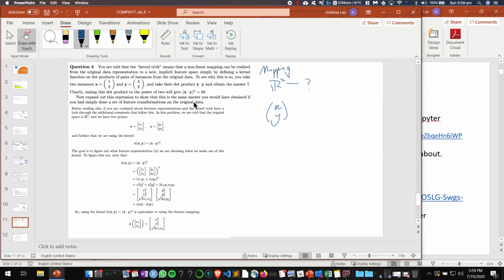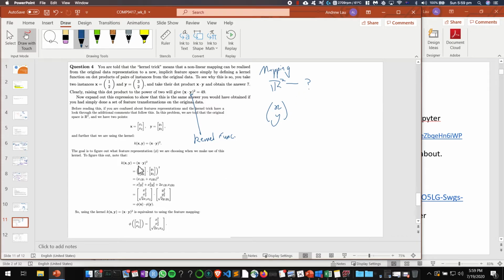So we're told this is the kernel function, and it's equal to 49 here, but that's not really the most important thing in the world. They're just plugging in values. I think the more insightful thing out of this question is to try and find out what the mapping is.